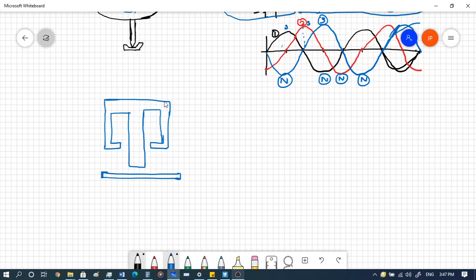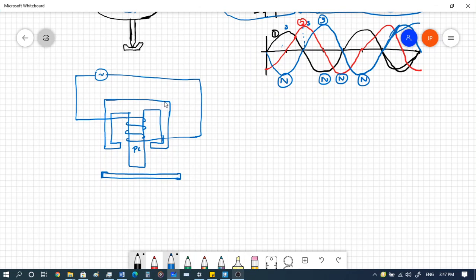So let's say your supply voltage is over here. The pressure coil comes directly to this branch, right? And it is connected across the supply, right?